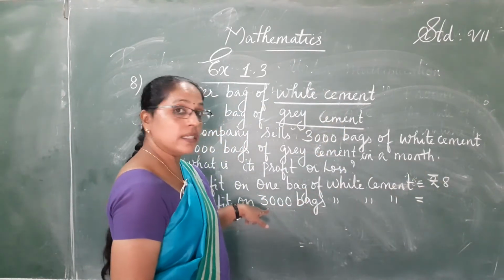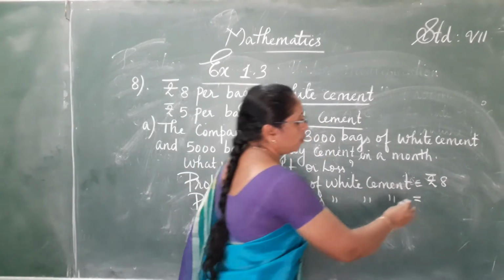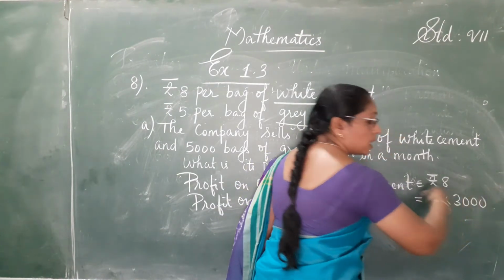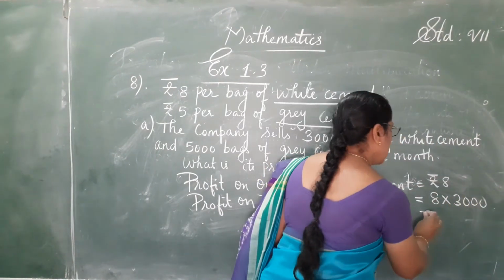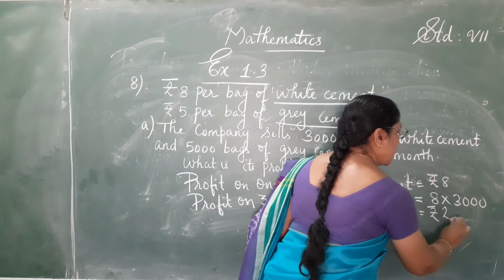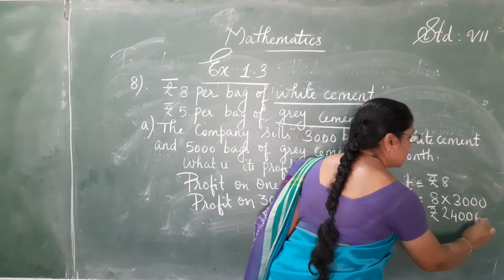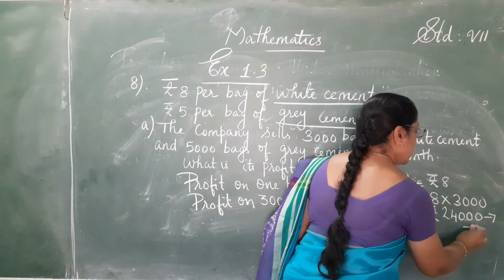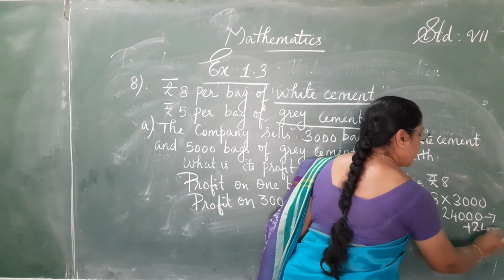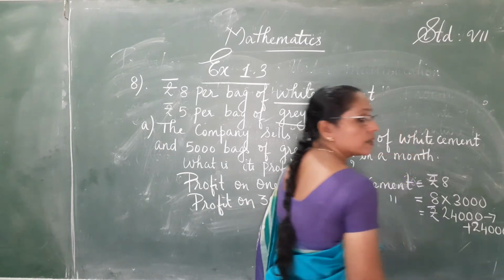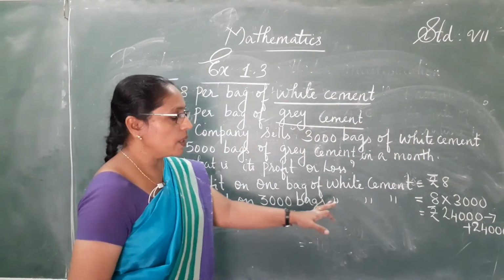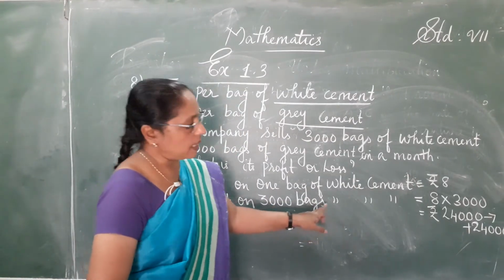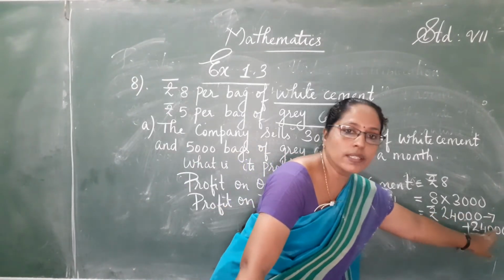So when he sells 3,000 bags, what would be the profit? 8 into 3,000. Since it is profit, we can put positive, that is rupees 24,000. So when you put it as an integer, it is positive 24,000. Okay, so he is making an overall profit by selling 3,000 bags, that is 24,000 rupees.